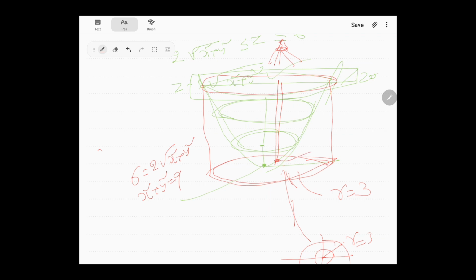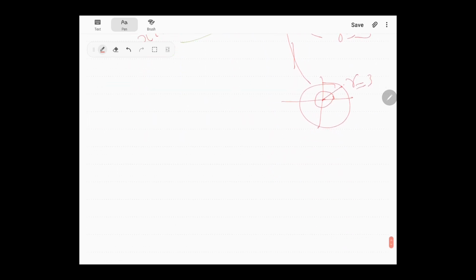Here z value is 2 root x square plus y square, but in polar coordinates it is 2r, and this is z is equal to 6. Therefore, for this integral, z is equal to 2r to 6, r varies from 0 to 3, and theta is 0 to 2 pi.